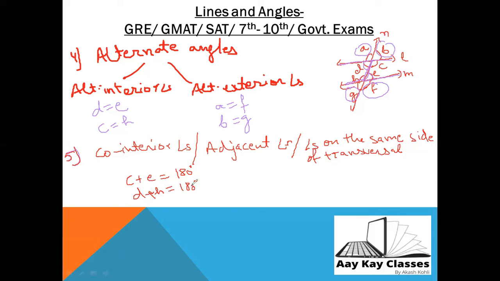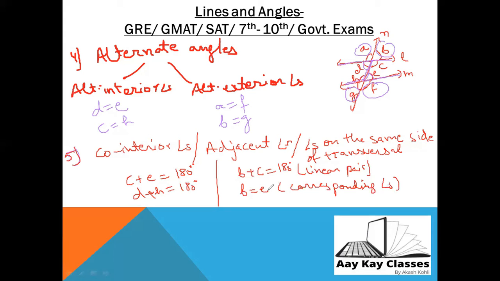So how come? See, we know that B plus C equal to 180. This is what? Linear pair. Now, B is equal to E. Why? Yes, corresponding angles.